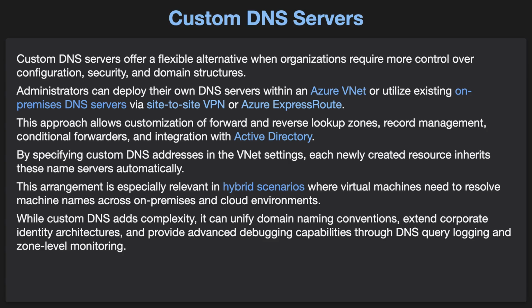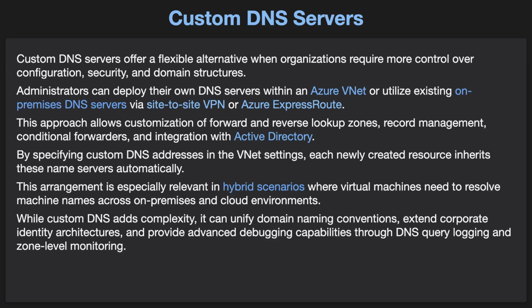Custom DNS servers offer a flexible alternative when organizations require more control over configuration, security, and domain structures. Administrators can deploy their own DNS servers within an Azure VNet or utilize existing on-premises DNS servers via site-to-site VPN or Azure ExpressRoute. This approach allows customization of forward and reverse lookup zones, record management, conditional forwarders, and integration with Active Directory. By specifying custom DNS addresses in the VNet settings, each newly created resource inherits these name servers automatically.